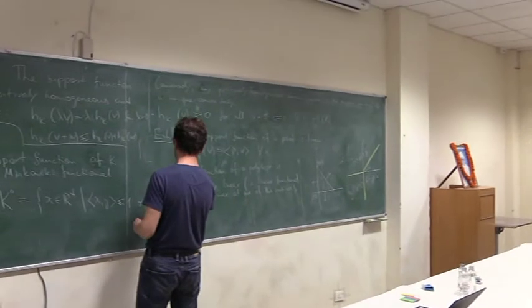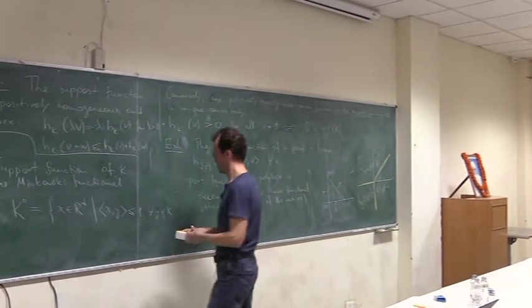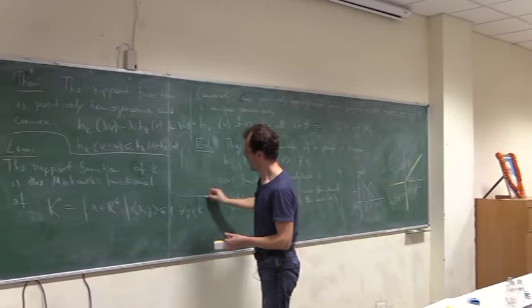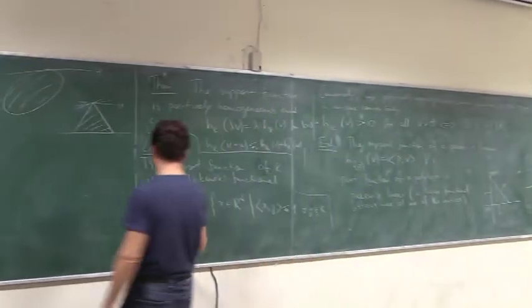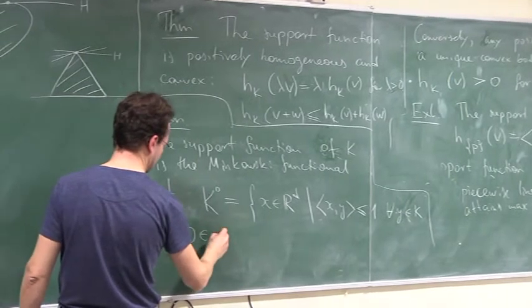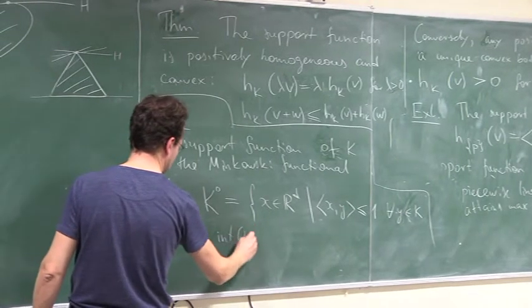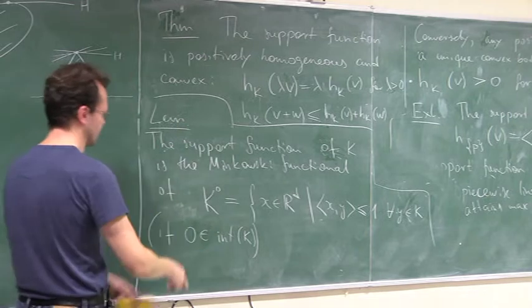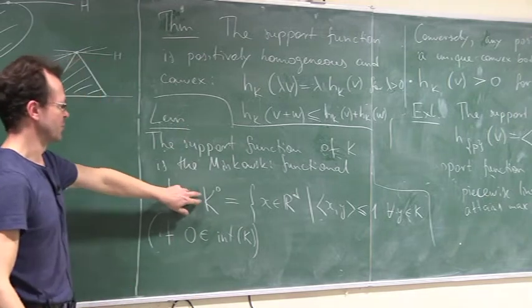But this makes sense only if the origin is in the interior, if 0 belongs to the interior of K. Because otherwise, if 0 is not in the interior, then this will become something unbounded.